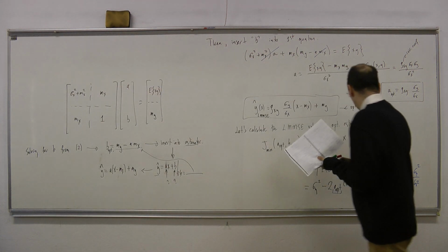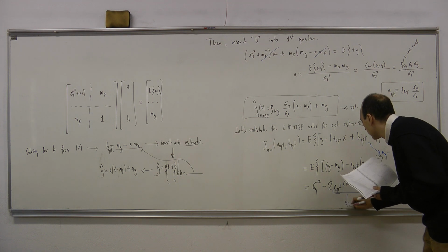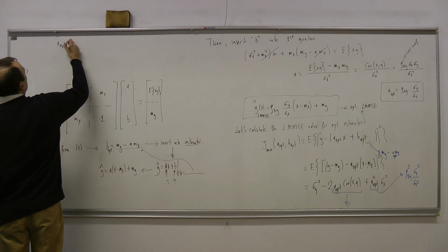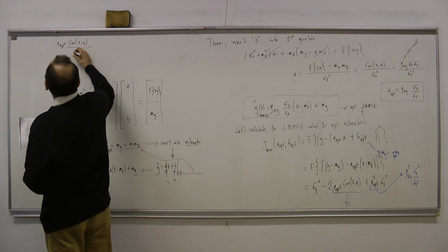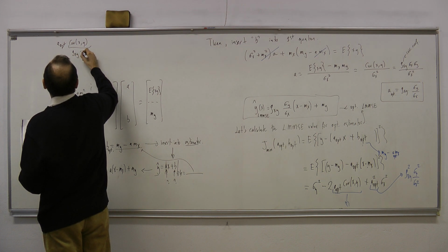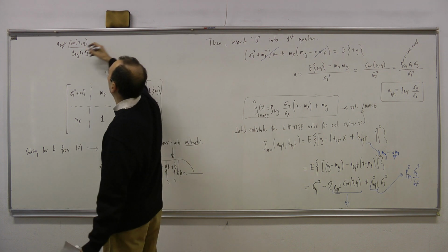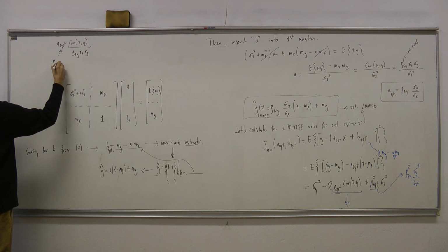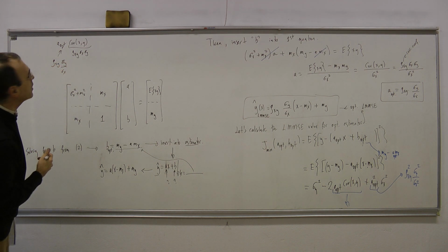This part is A_OPT times the covariance of xy, and the covariance of xy is rho_xy times sigma_x sigma_y.